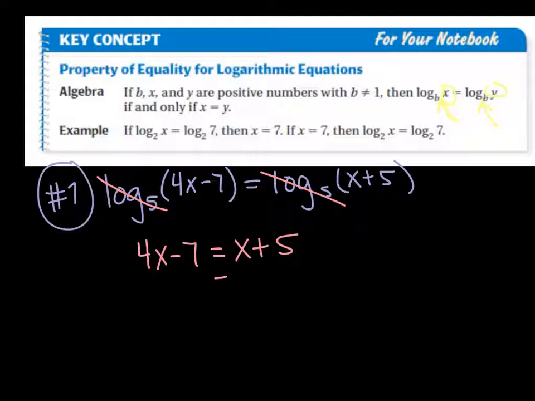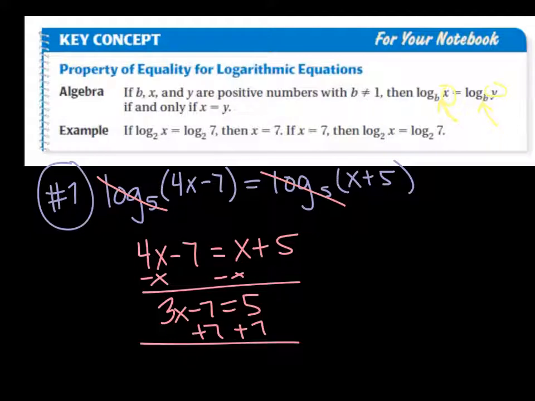So I'll subtract x. Add 7. 3x equals 12. And divide by 3 to get x equal to 4.